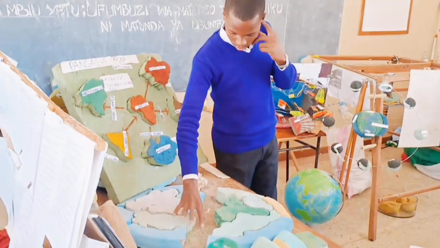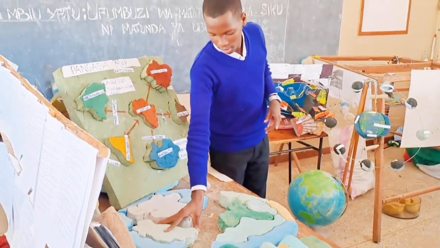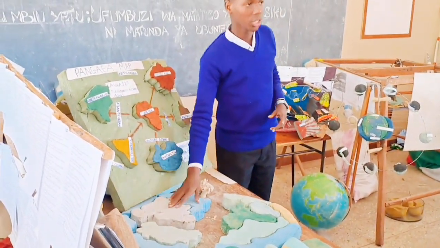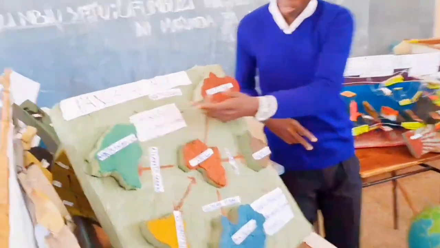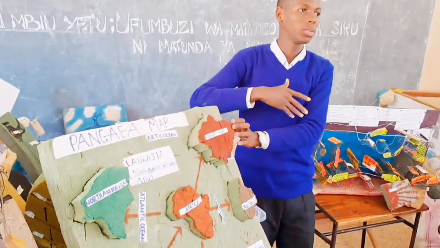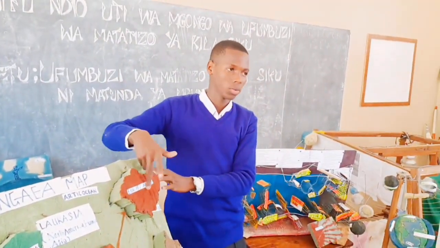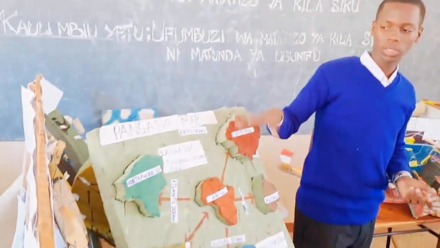In the northern part we find North America, Europe and Asia. Later on, Europe and Asia split into two.